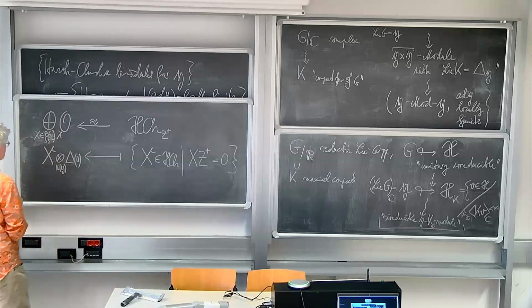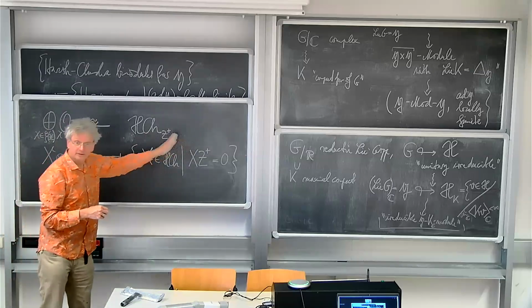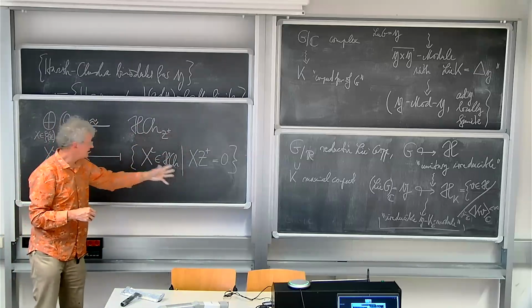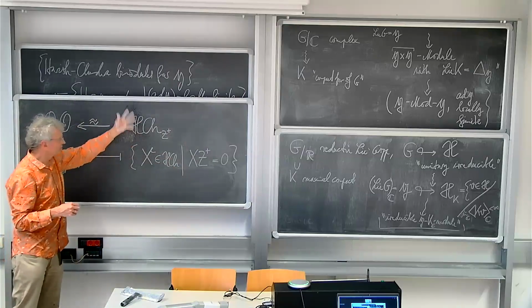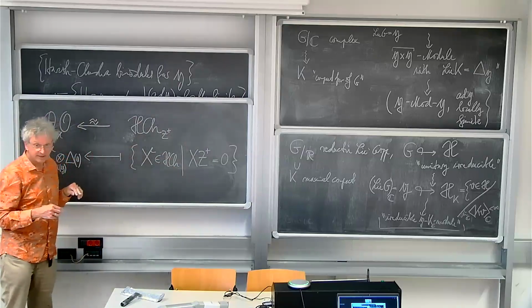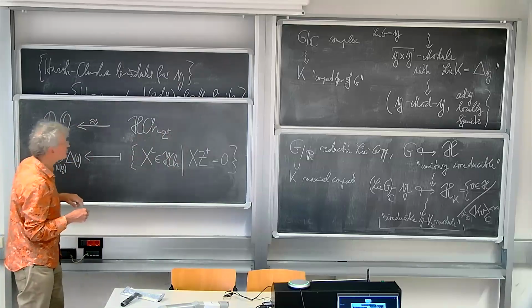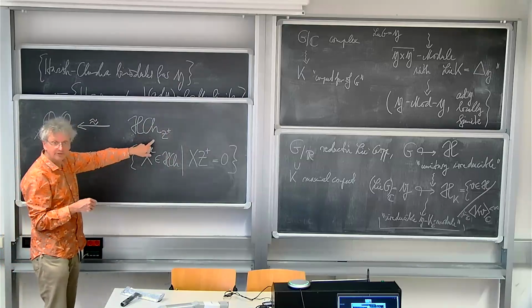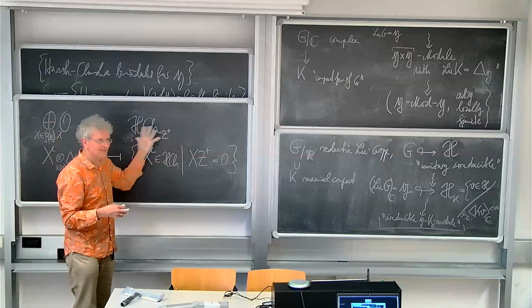But in here, what is a simple object? It's a pretty easy exercise. And in here, it's very complicated. So this was a great trick to simplify and also to understand what's happening here. But you see also that it's an unnatural thing, right? It's natural to consider all Harishchandra bimodules.